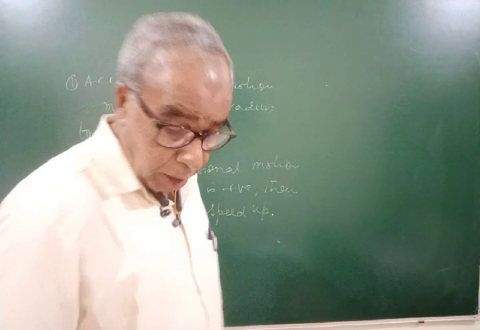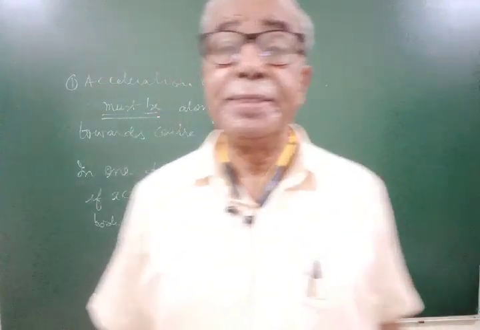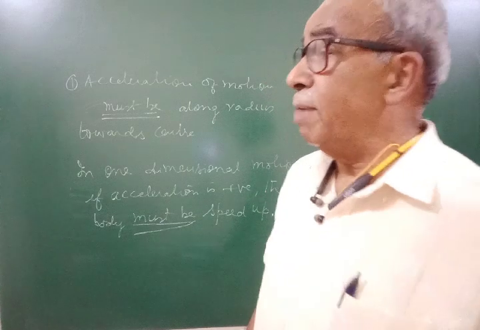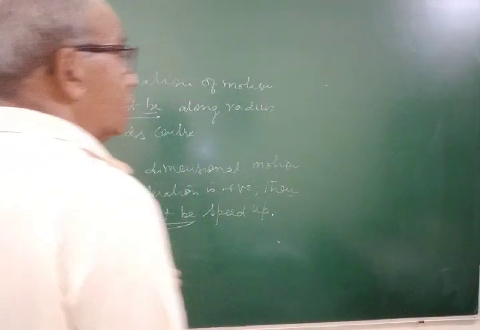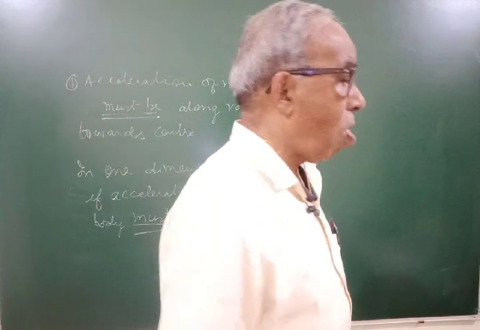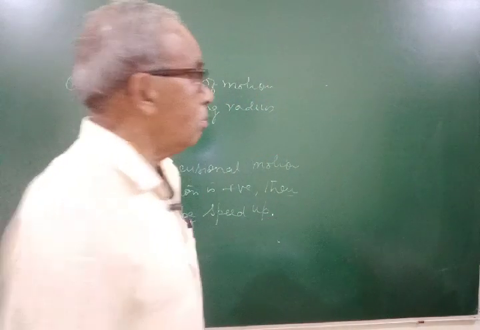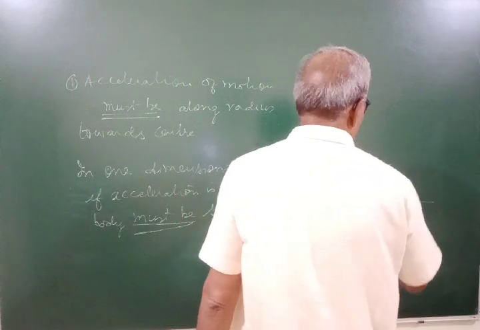Actually, acceleration positive, negative. Acceleration is a vector quantity. If we fix direction left to right positive, then right to left is negative. Or if we fix direction upward positive, downward negative. And from the ground we throw a ball up.